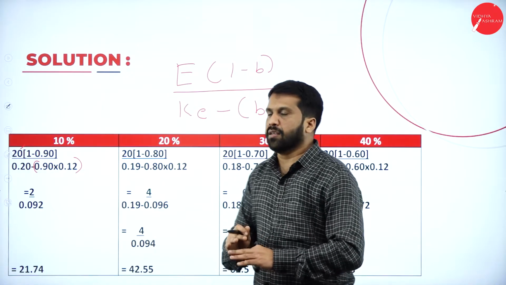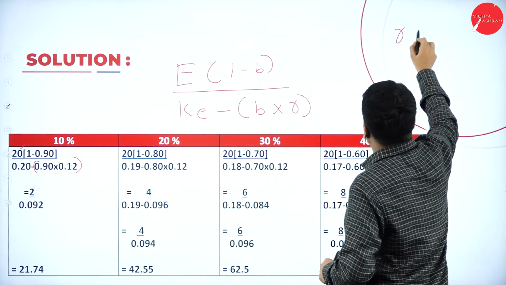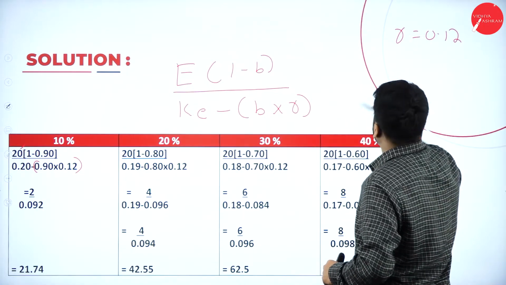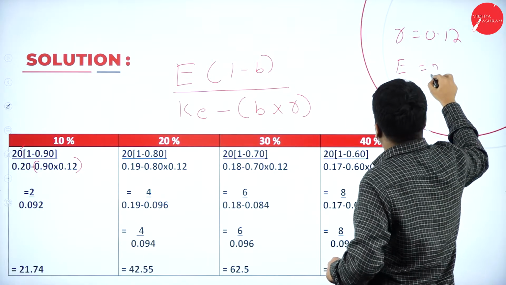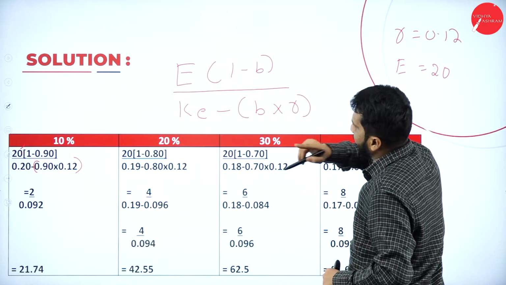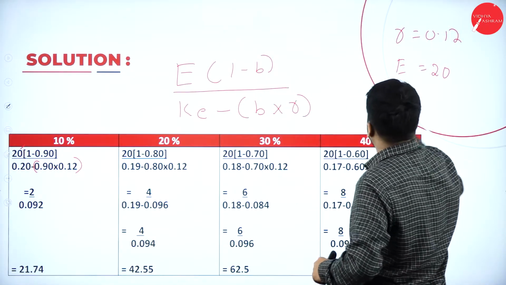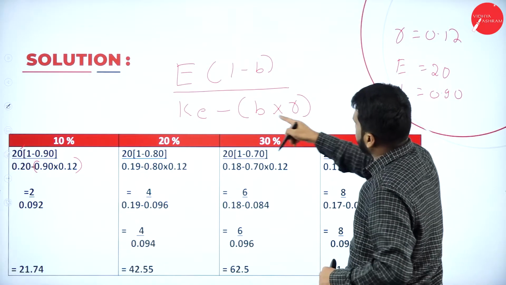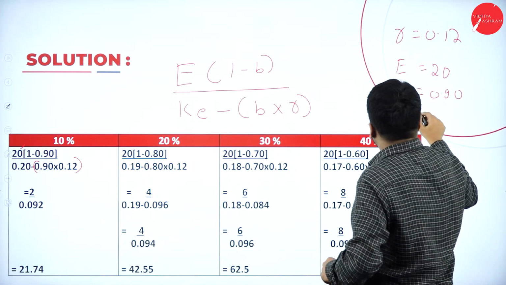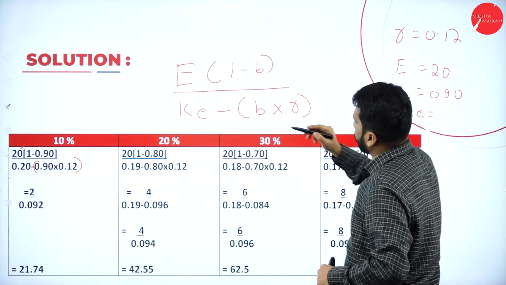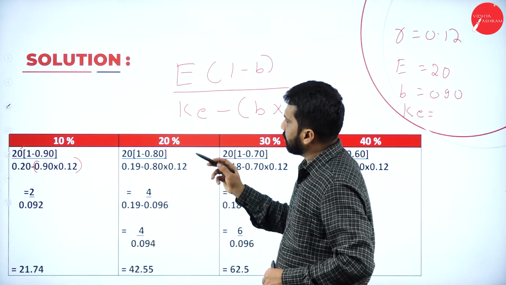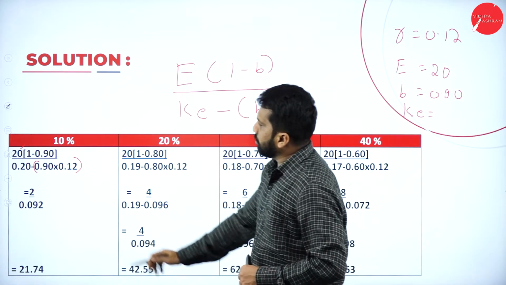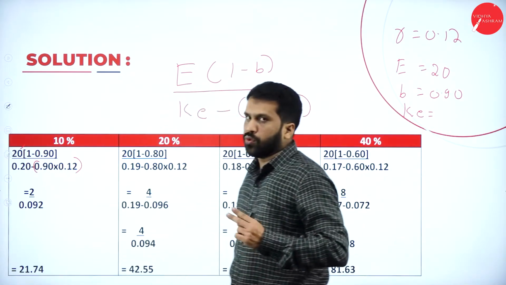Your earning is equal to 20, your B is equal to 0.90, and cost of equity is 0.20.